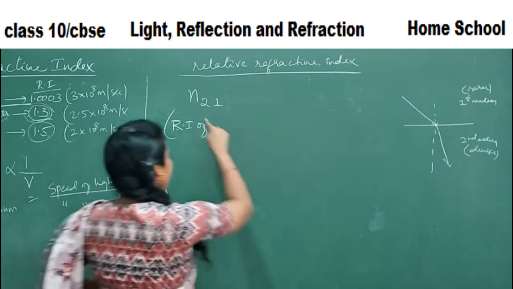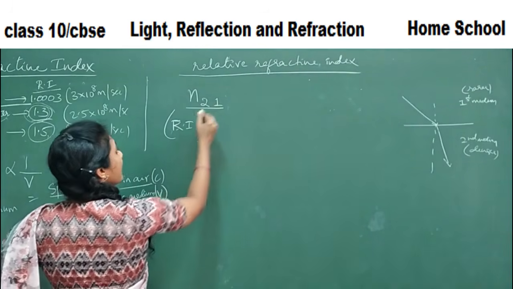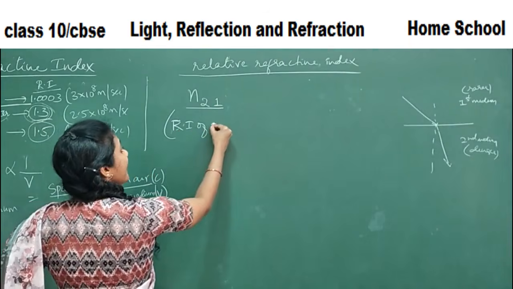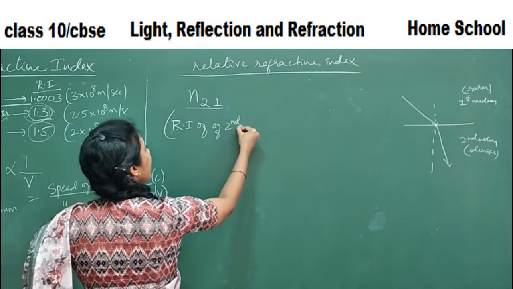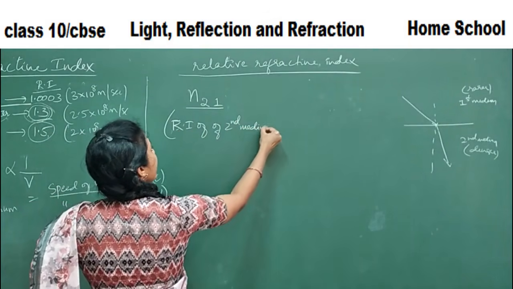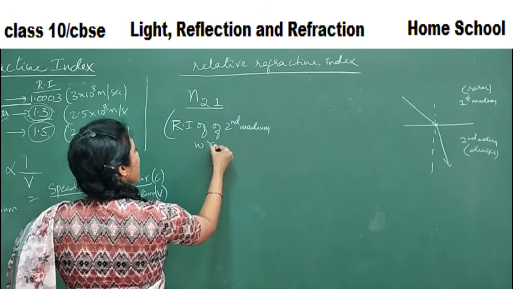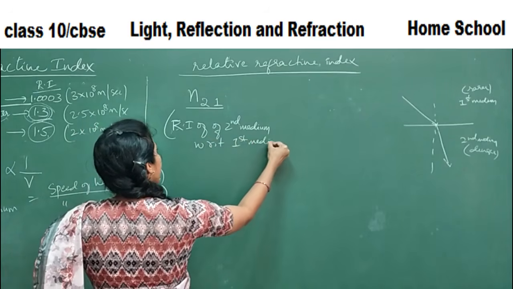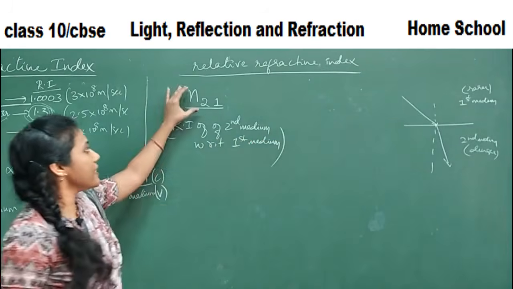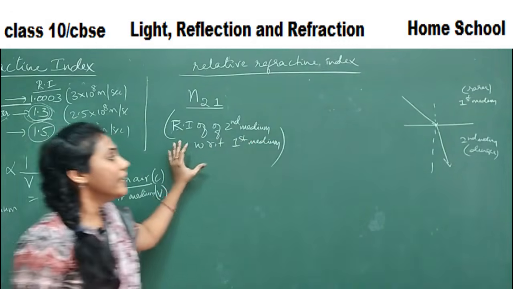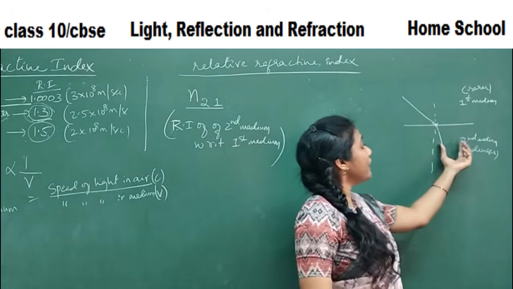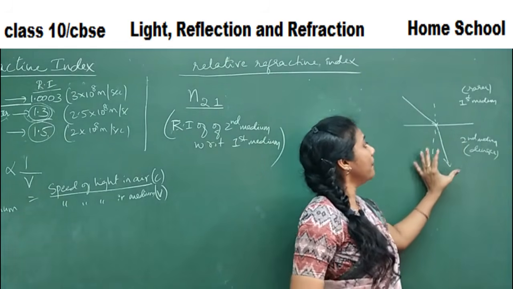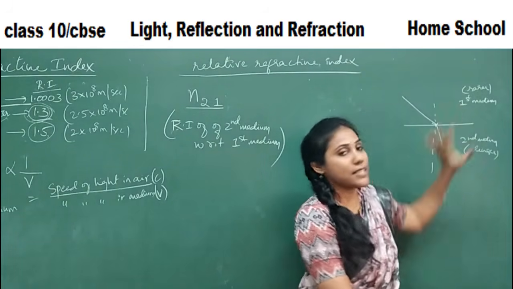So the meaning of this particular term is the refractive index of the second medium with respect to the first medium. This is what it means, guys. We are going to compare the refractive index of the second medium with respect to the first medium.